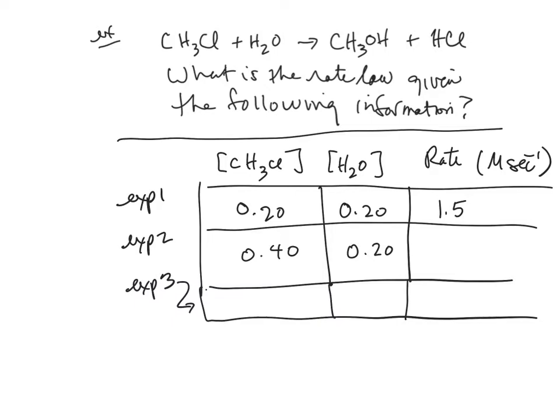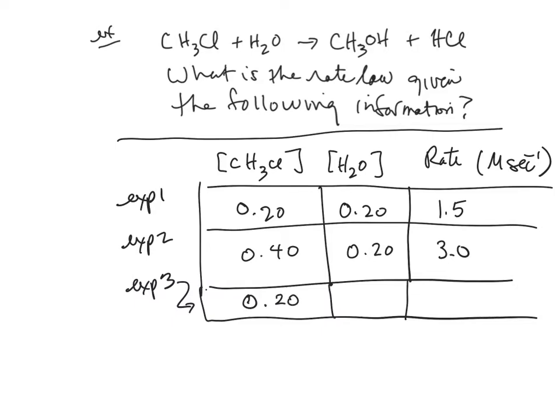It's just a way to leave water the same, isolate out that chloromethane and look at its behavior. And we would find if we double the concentration, then the rate will double.